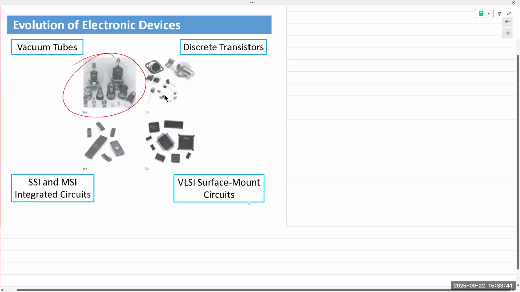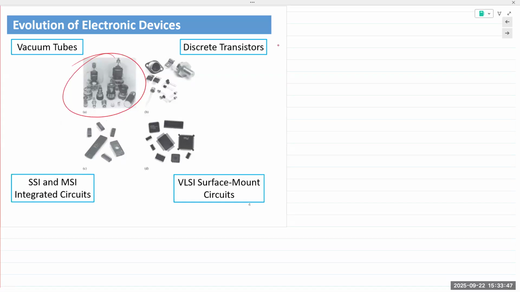All right, so from vacuum tubes, we then move to discrete transistors. We'll talk a little bit about the history of these transistors. So these are transistor devices. All of these, by the way, that you see in there are simply packaging. The actual semiconductor device is very small and very tiny. We can't even see it.